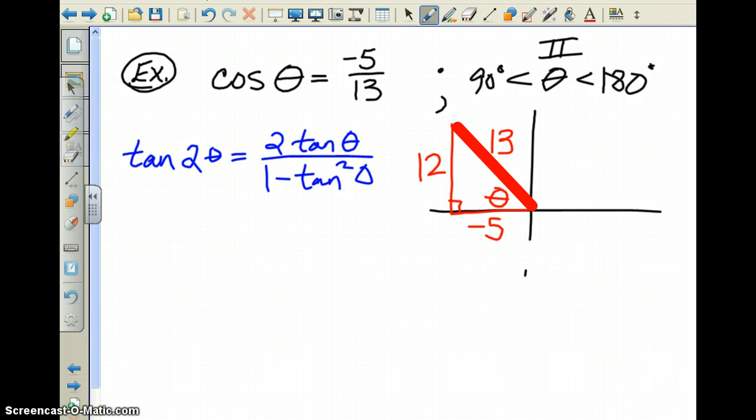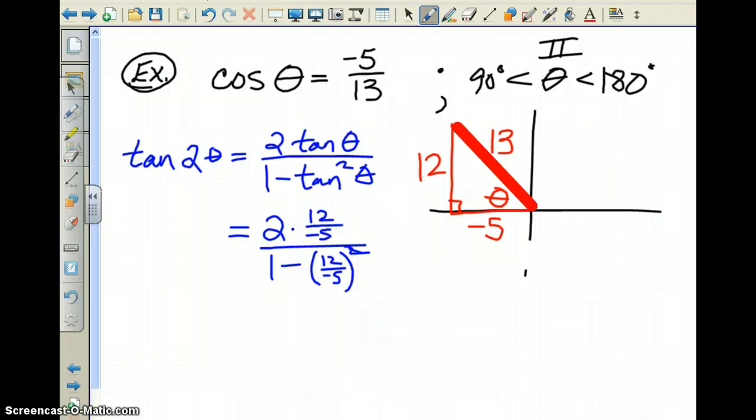So in this formula, I'm going to need the tan off of our original triangle. So I'm going to do 2 tan. The original triangle tan is opposite over adjacent, so opposite would be 12. Adjacent would be negative 5. Over 1 minus that tan value squared.